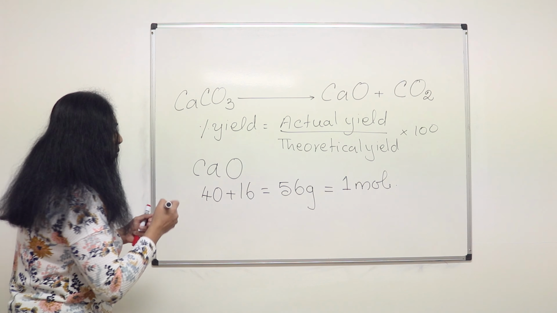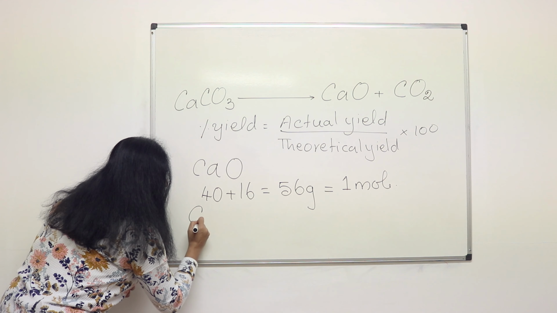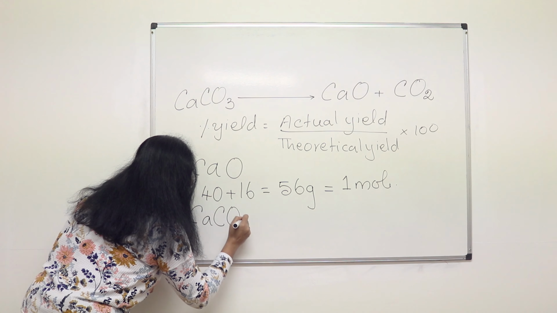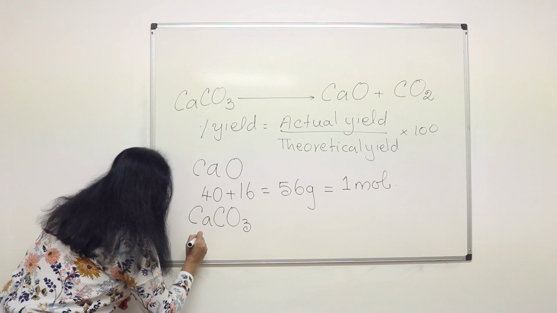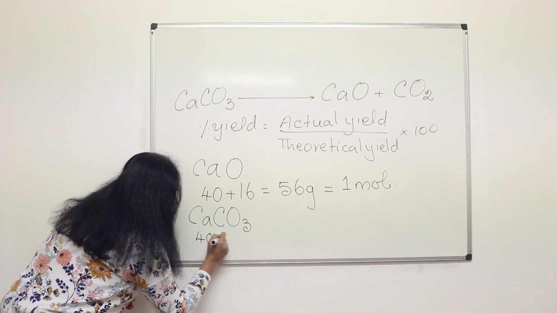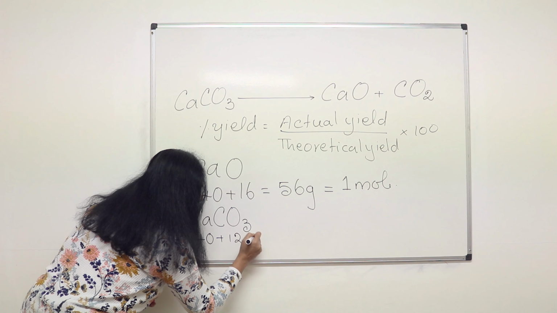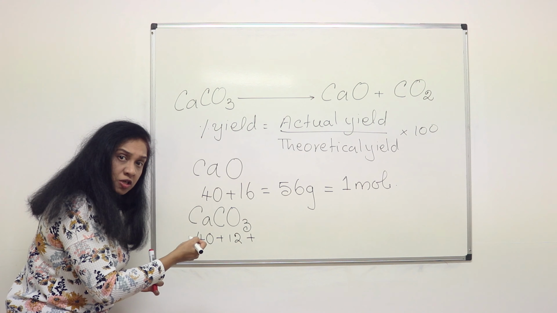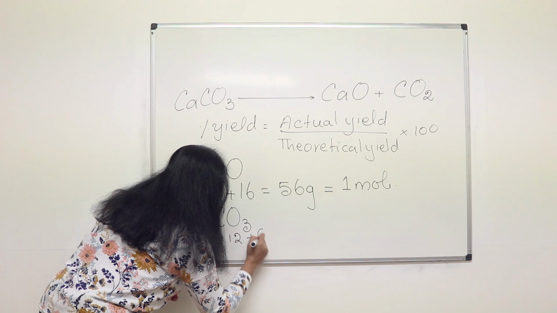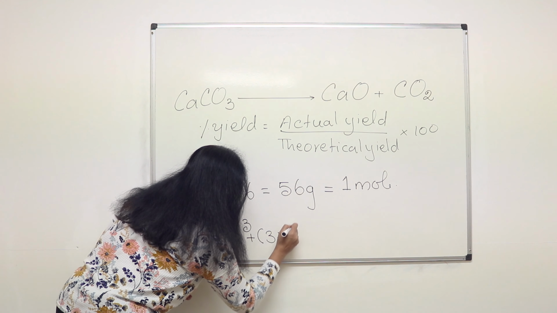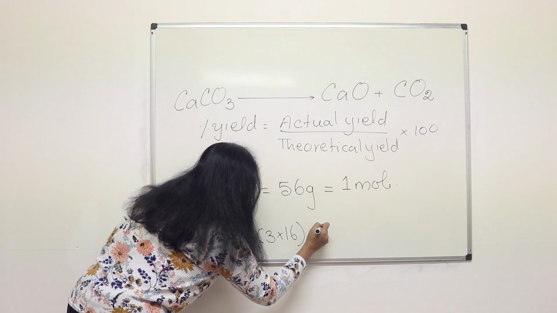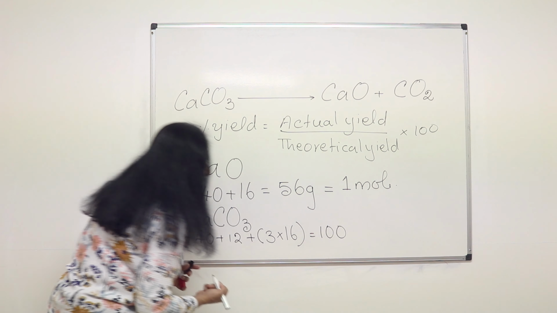Calcium is 40, carbon is 12, and there are 3 oxygen atoms present, therefore it is 3 times 16, which gives 100.